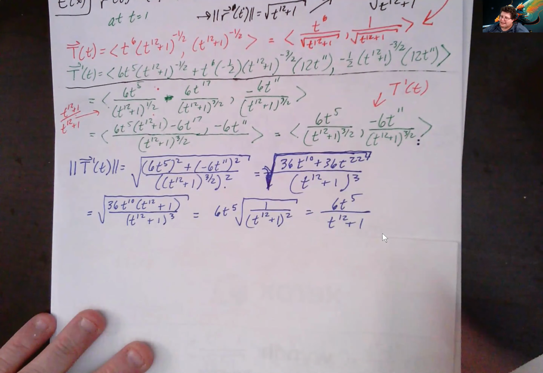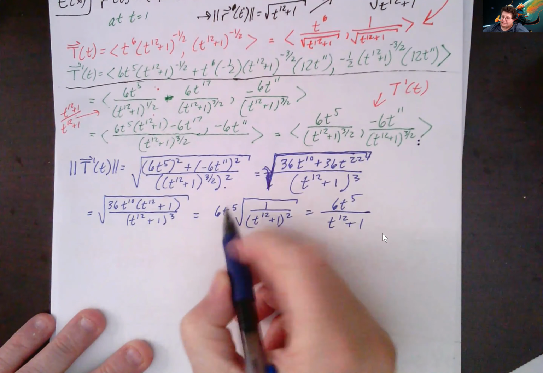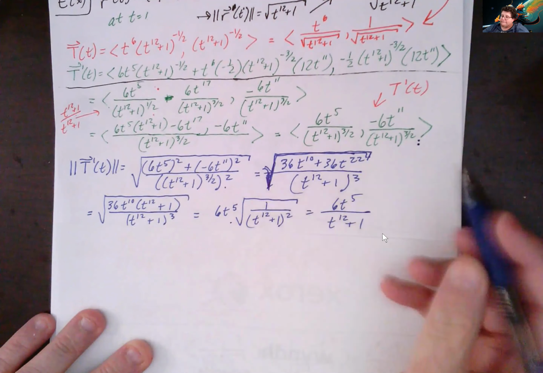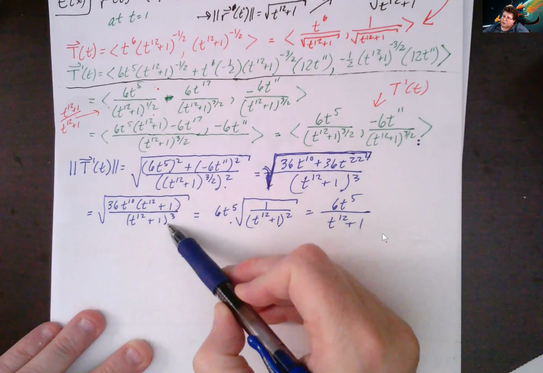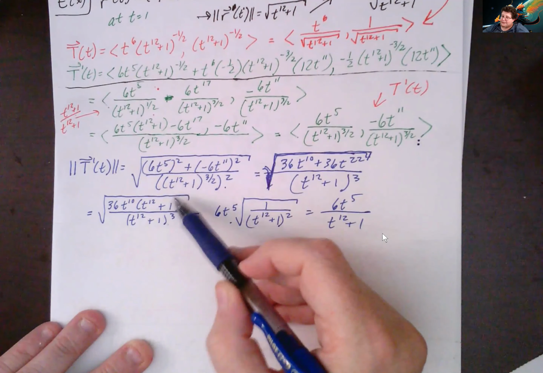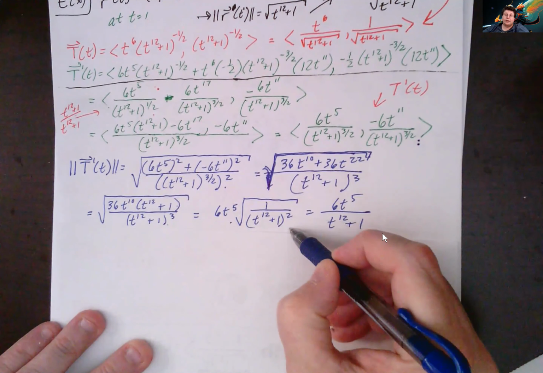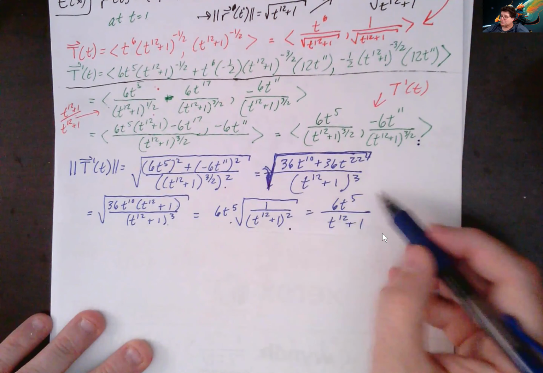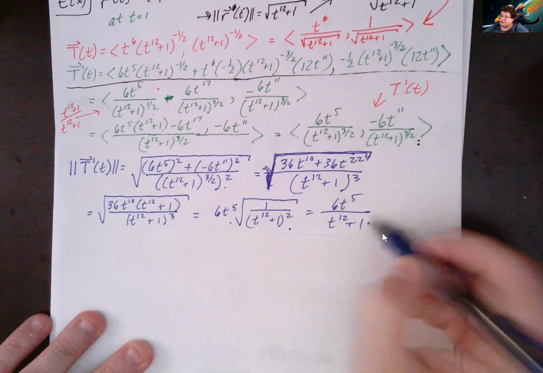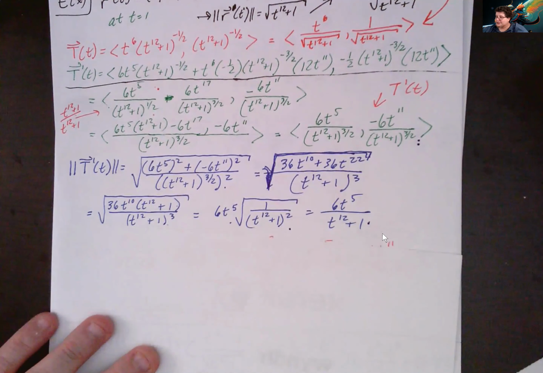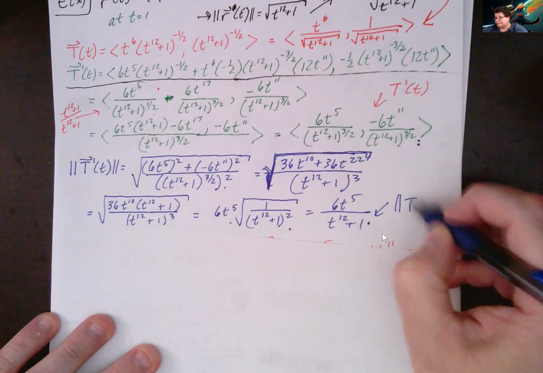And when we factor that out and take the square root of it, we get 6t to the 5th on the outside. That leaves behind t to the 12th plus 1 on top, t to the 12th plus 1 cubed on bottom. They're the same thing. We can cancel it out, reduces to t to the 12th plus 1 squared on bottom, which is convenient. We take the square root, we get that. So that's the magnitude of t prime.